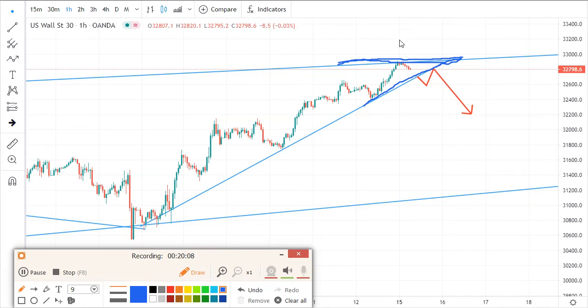So if this triangle is like this, for me to buy, I will just wait for the market to break here, come and retest on this resistance. It will be our new resistance. Now if the market comes and retests, it means that it will be a support. Then we can say we can shoot higher, something like that.